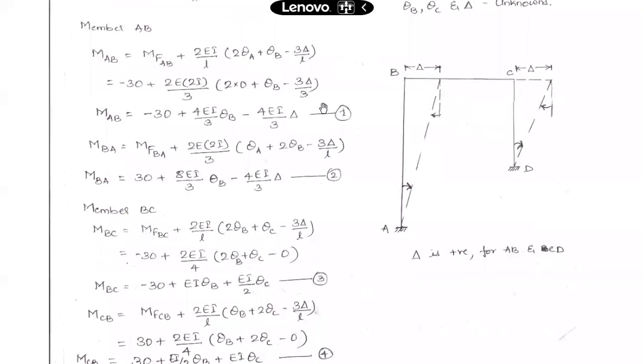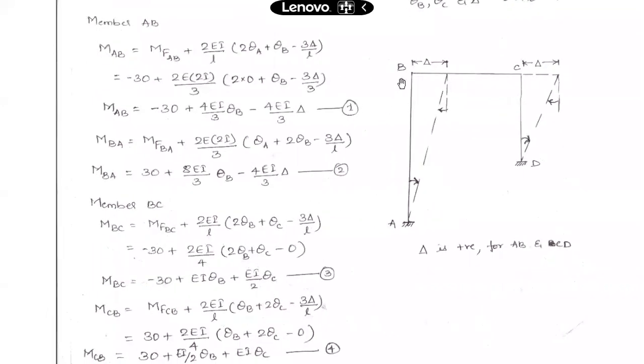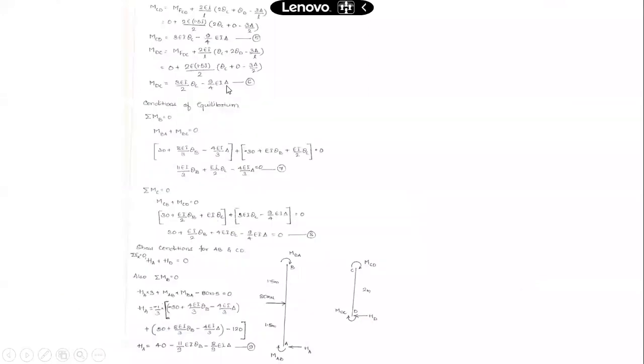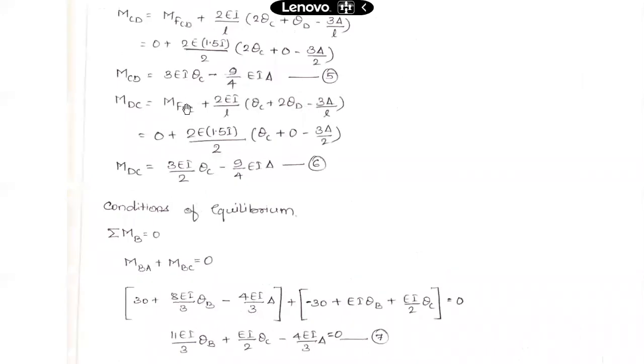So we come across a total of 6 slope deflection equations which involve 3 unknowns.